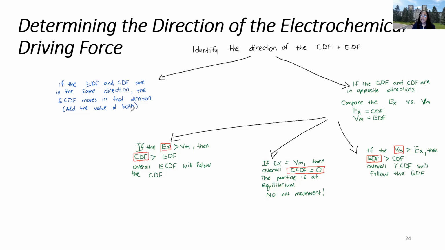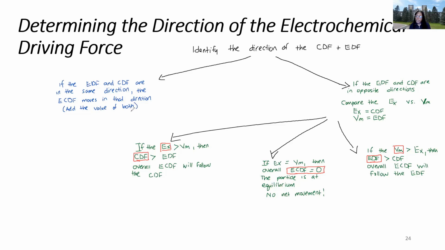So basically, this walks us through the different options if we look at our forces separately: chemical driving force first, the electrical driving force, and then different scenarios depending on which is the stronger force. If the equilibrium potential is a greater value than the membrane potential, then the chemical driving force is the direction of the particle.